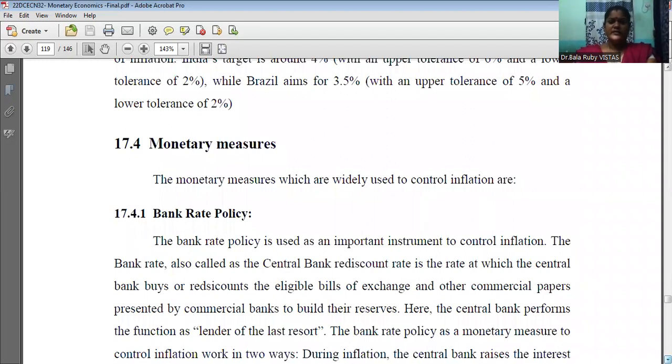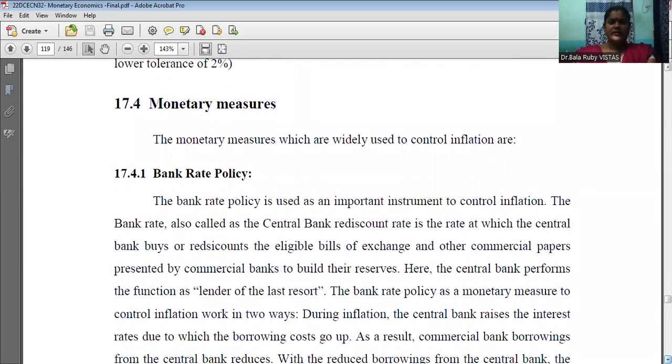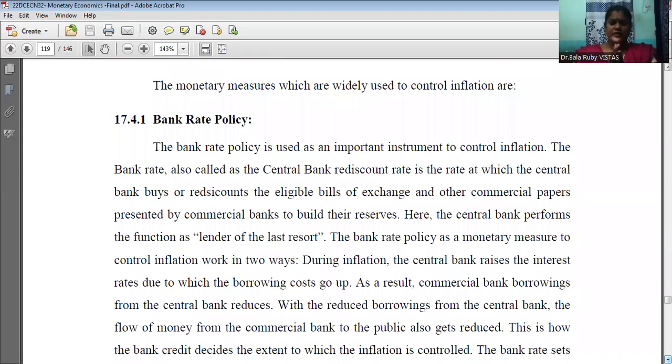See, the monetary measures are mainly very useful to control inflation. So the first monetary measure is bank rate policy. The bank rate policy is used as an important instrument to control inflation. The bank rate is also called the central bank rediscount rate.